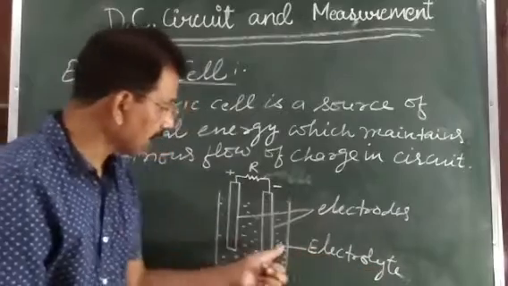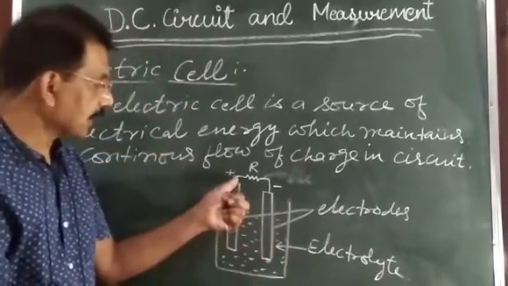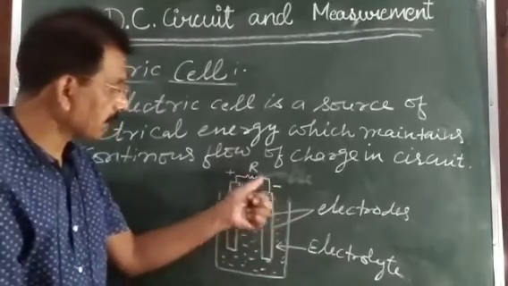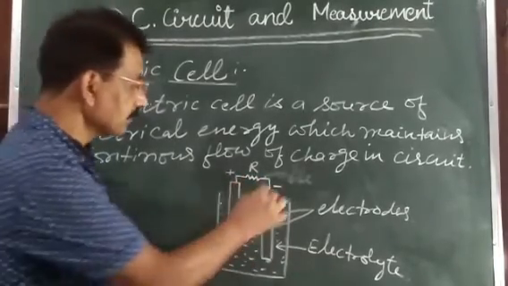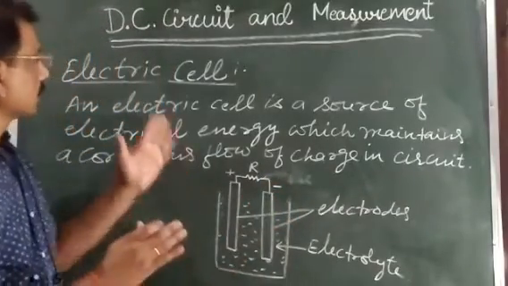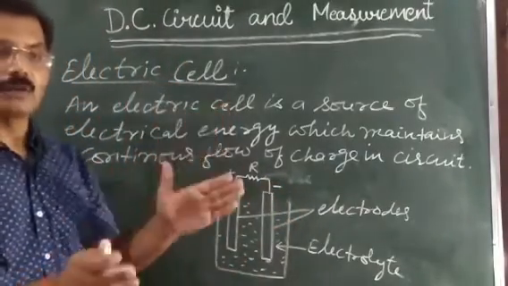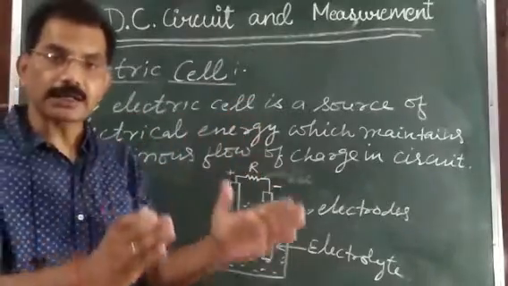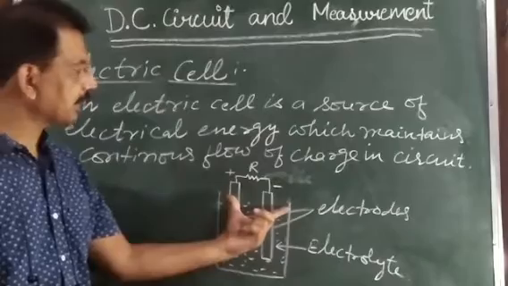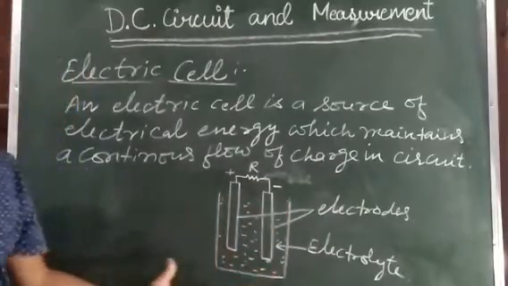When this cell is connected through any circuit, current will start to flow. And remember this, an electric cell always converts chemical energy into electrical energy.